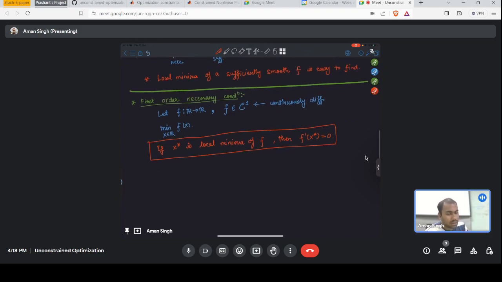So if some point x star is a local minima, then its first derivative at that point should be 0. This is a condition that you already know from your class 11th and 12th.